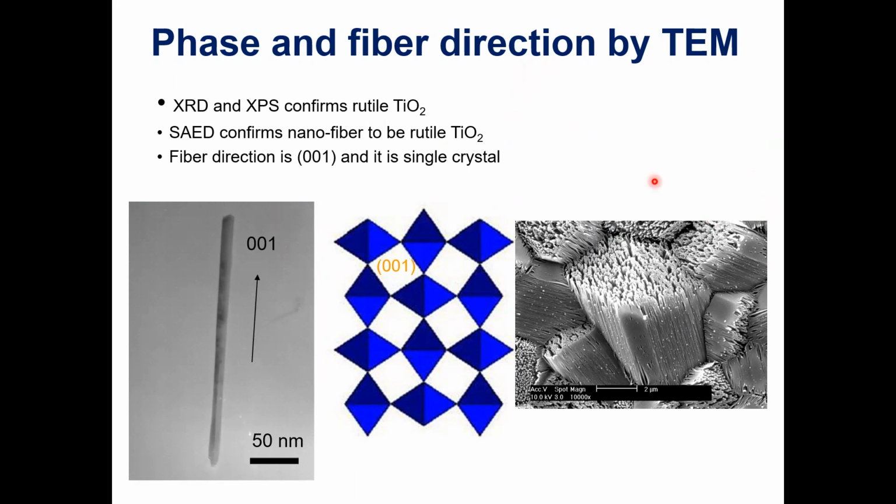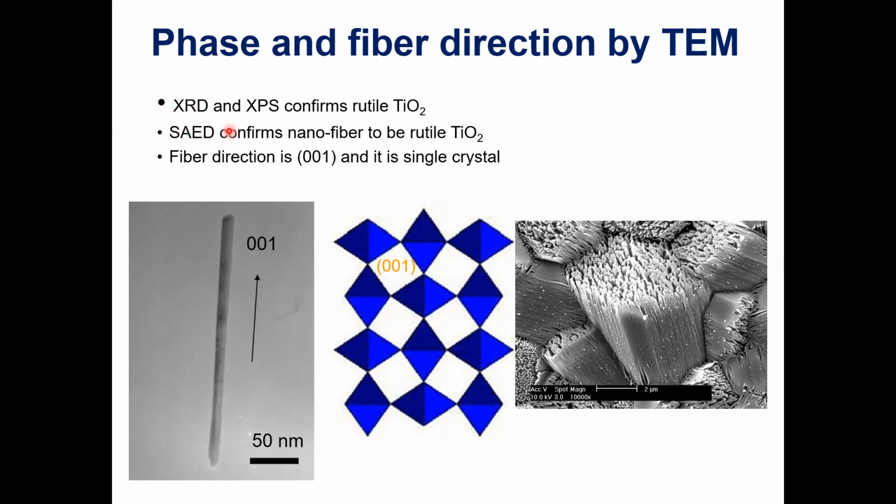One of the questions is that we create this in a hydrogen-nitrogen environment. We start with rutile TiO2, and the fibers we make are still rutile TiO2. XRD and XPS indeed confirm that it's rutile TiO2. It's not quite TiO2, it's TiO2 minus x to be precise.